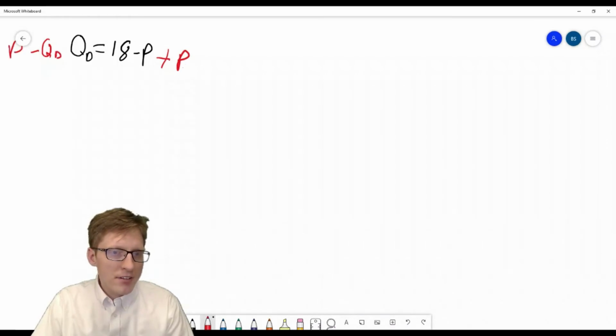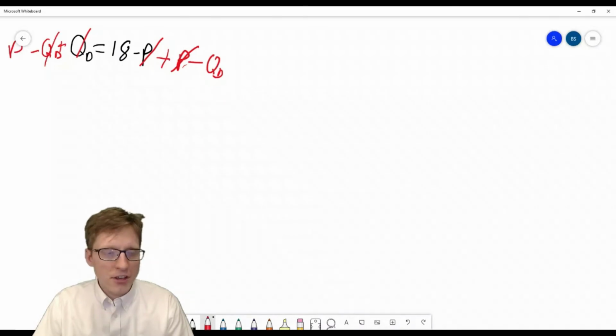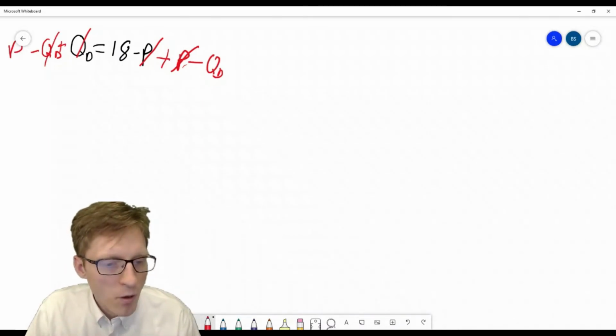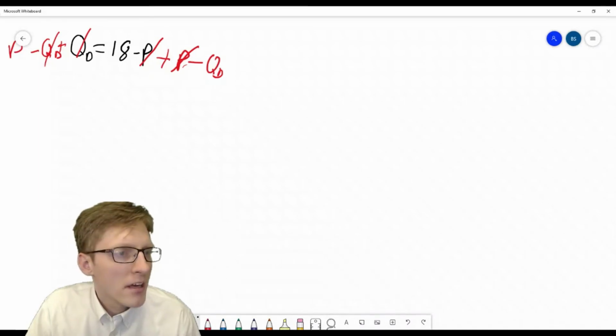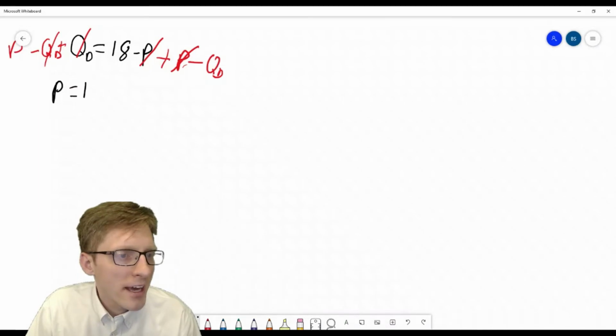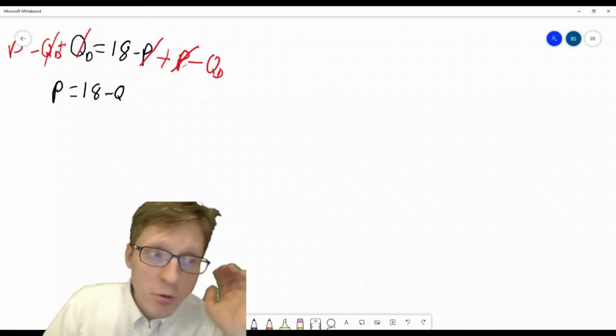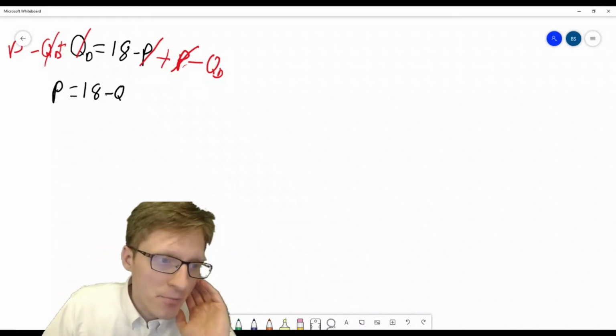This price cancels this price, and this Q cancels this Q. And what we're left with is price is equal to 18 minus Q.